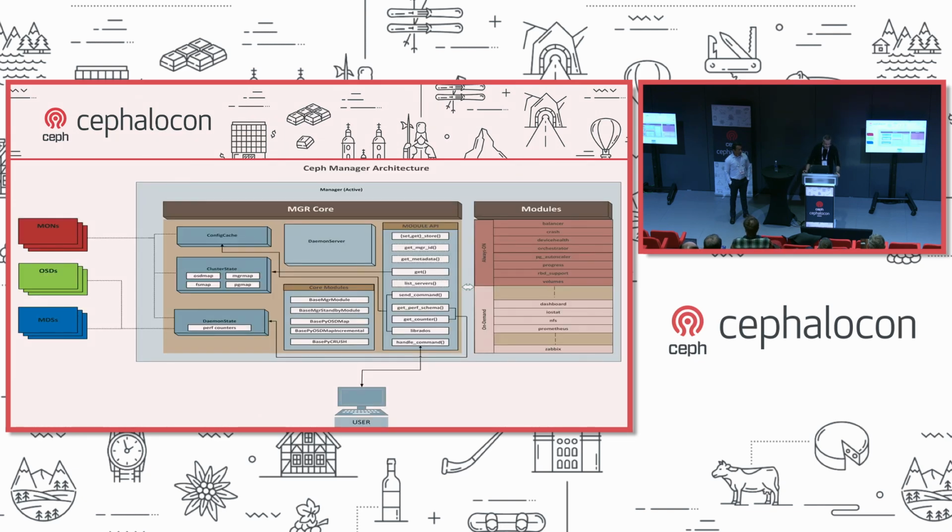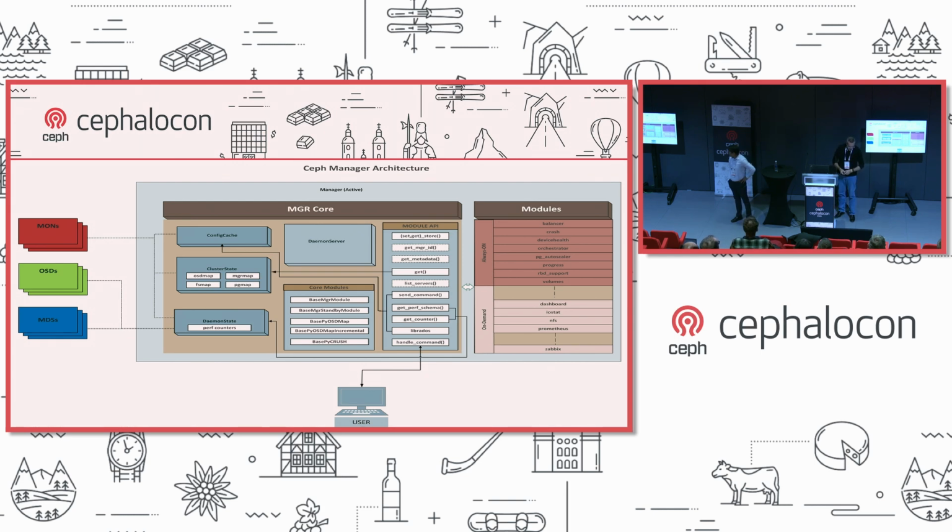Okay, so this slide is showing the architecture. Down the bottom you can see a user sending a command to the manager that gets routed to handle command, and then depending on what command is being sent, the functions of the module API there will interact with the relevant component of the manager core itself.